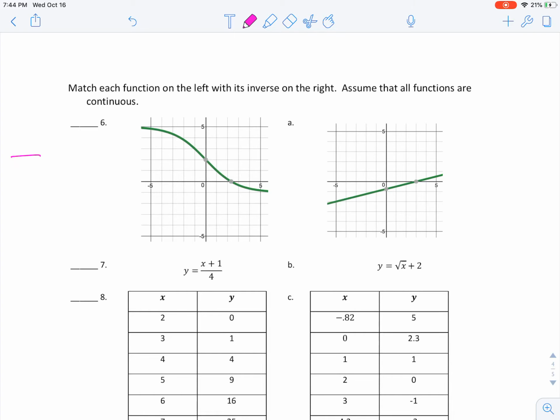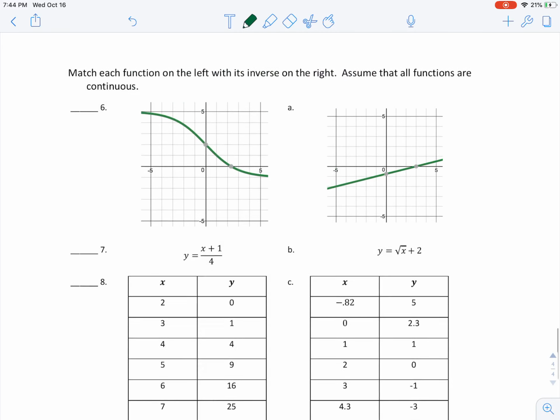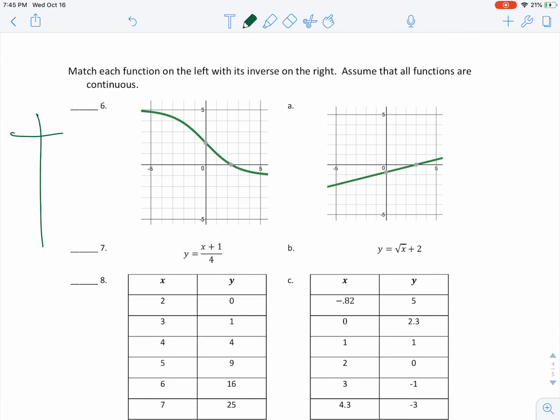So I'm going to take this first one here, and there's certainly a number of ways to do these, so you might have done them a different way, and that is just fine. But I'm taking this first one, and I am finding some points that I know.